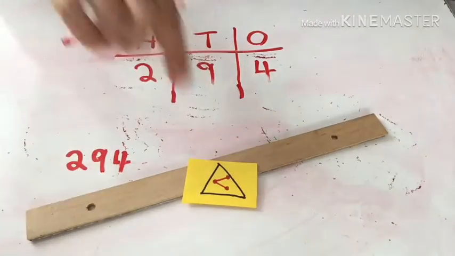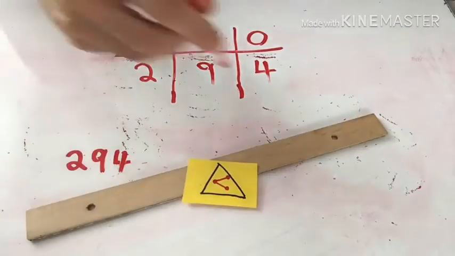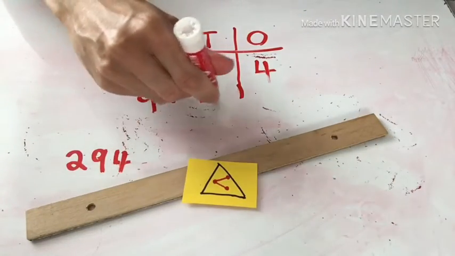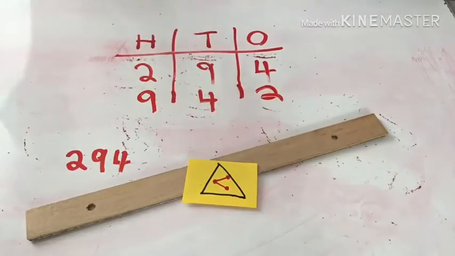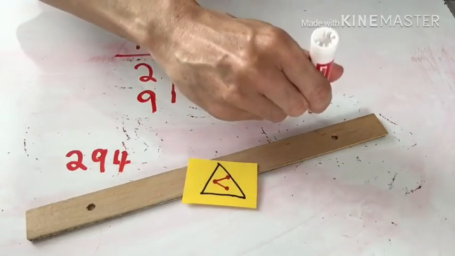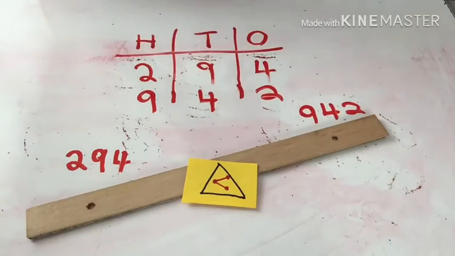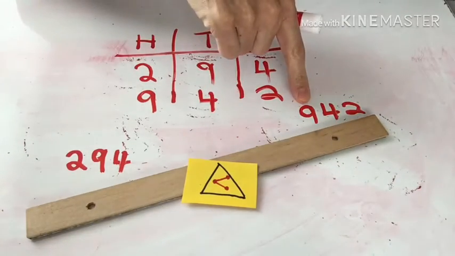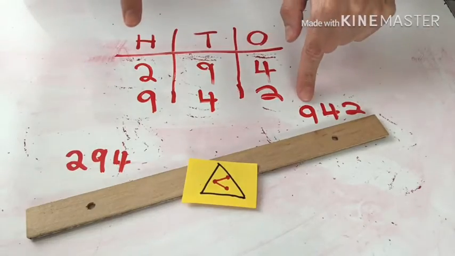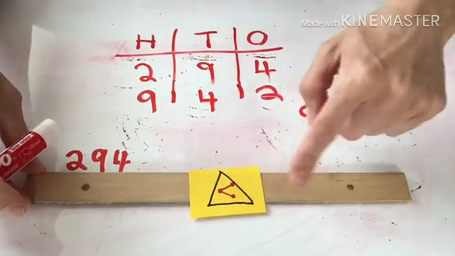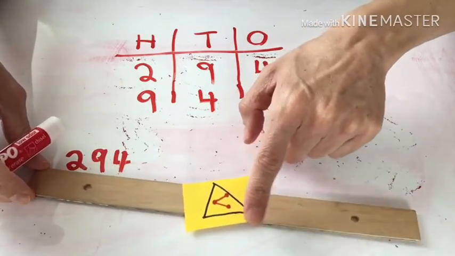Less than 942, number 942. I'm going to write it here, 942. That's the second number. And I'm going to put it on the seesaw, 942. So 942 is actually greater number, so the seesaw should be kind of the opposite, this way.